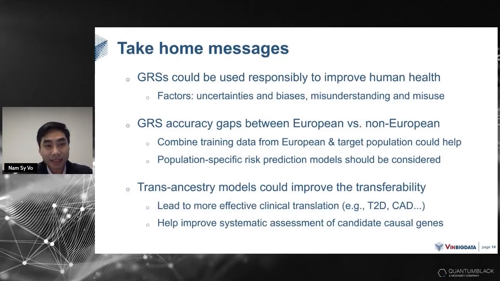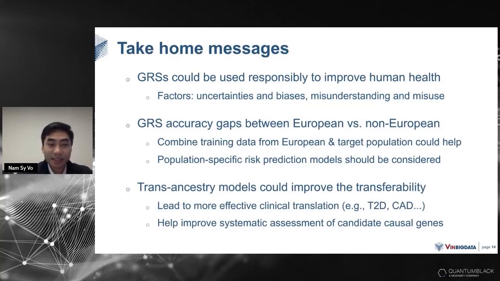The second thing is the GIS accuracy gaps between European versus non-European sample are available there. And we should combine training data from European and the target population to help improve the GIS model, and also improve risk prediction model in general. And population-specific risk prediction models should be considered in this way.